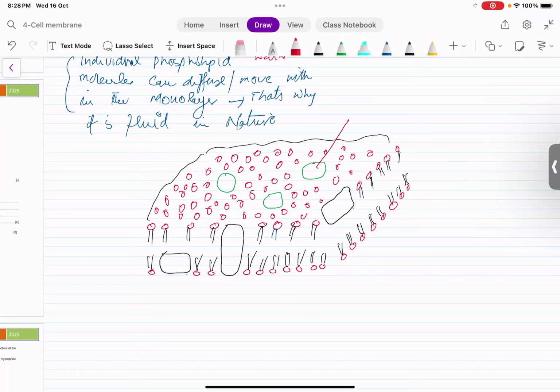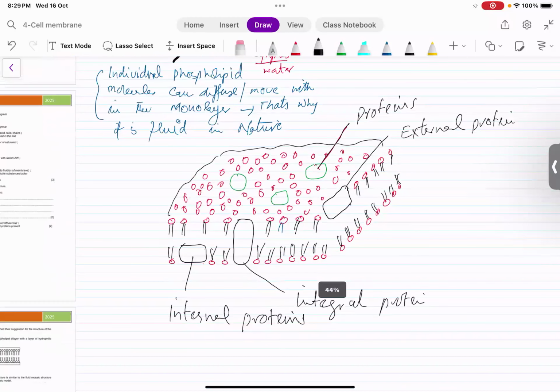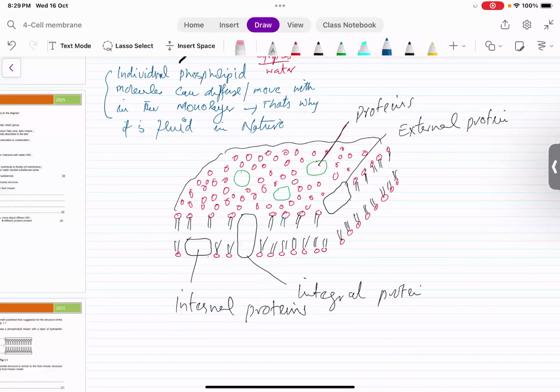So these are the proteins. These proteins can be identified as the ones on the inner side. These are internal proteins, and this is an external protein, and we have this integral protein. These proteins are embedded in the phospholipid bilayer, and this is a phospholipid bilayer.